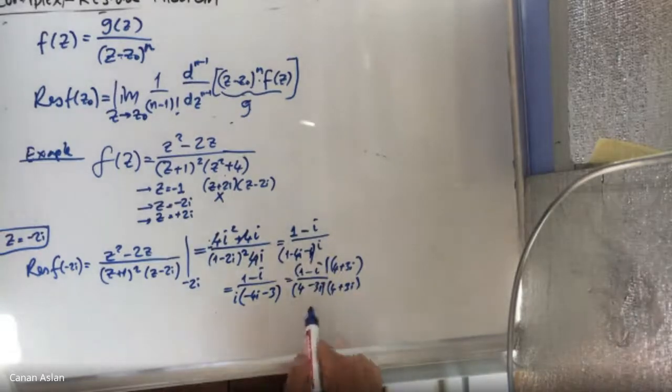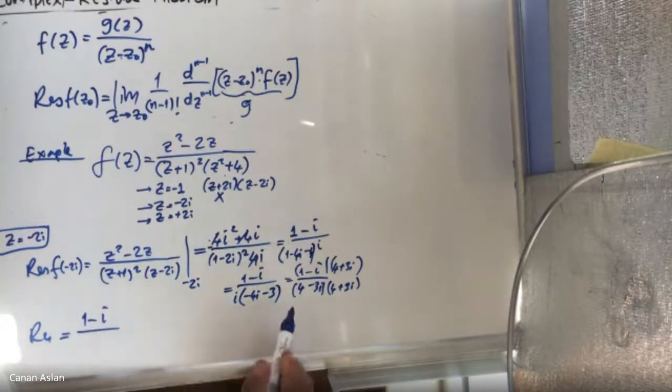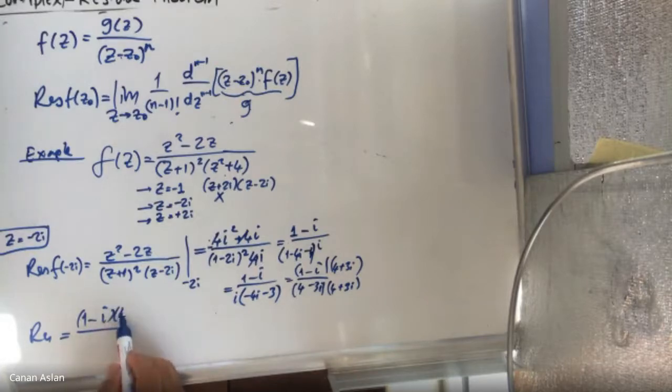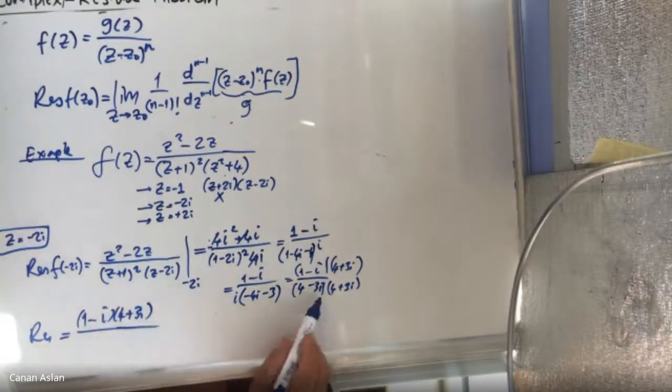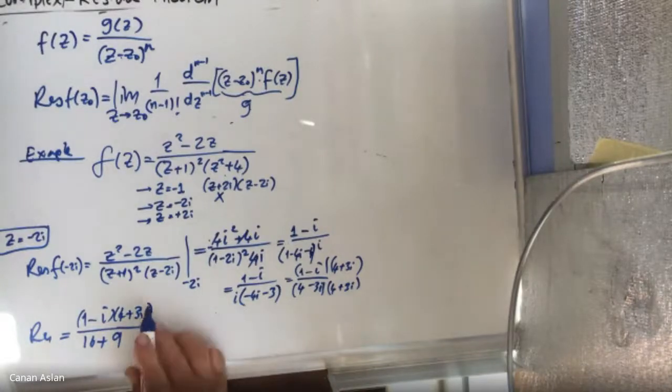So the denominator is very simple. So the residual for this one is given as 1 minus i still there, okay, times 4 plus 3i divided by the product, which is 4 times 4 is 16, plus 3 times 3 is 9. So this is how you can get it. So as you see, this turns out to be just a simple number.